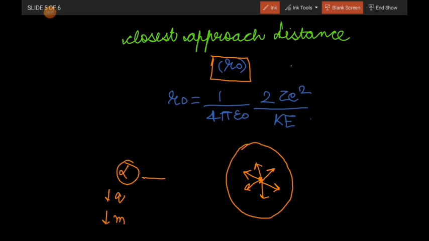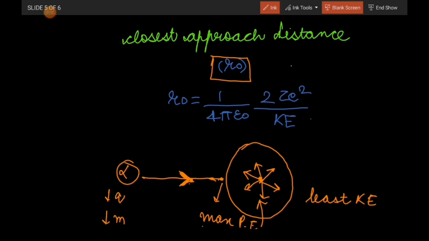So if it moves near the nucleus, it will continue to move until some point comes where the particle has maximum potential energy due to the nucleus, and the least kinetic energy.